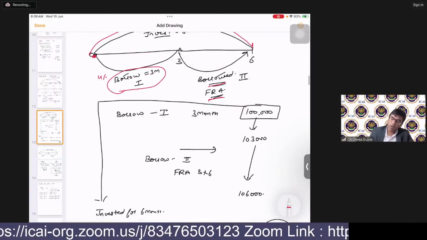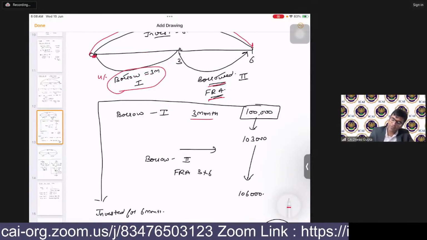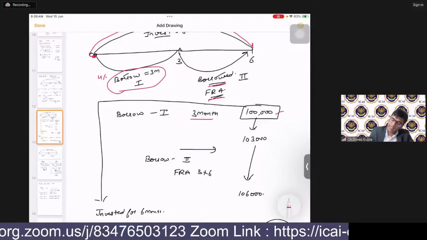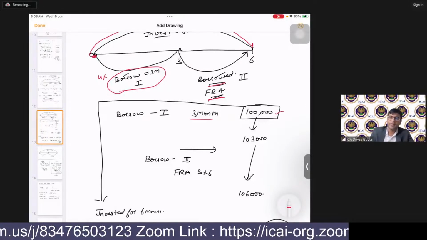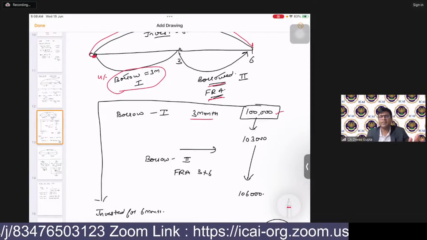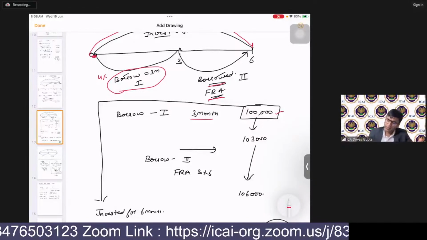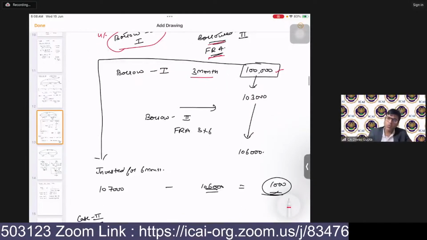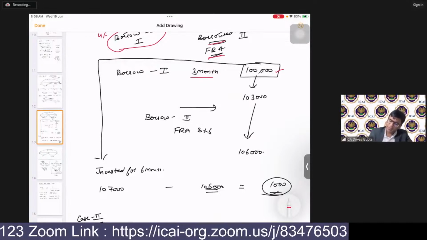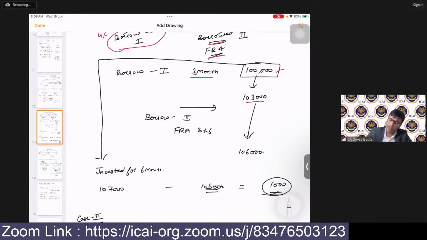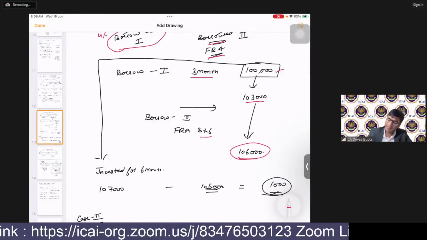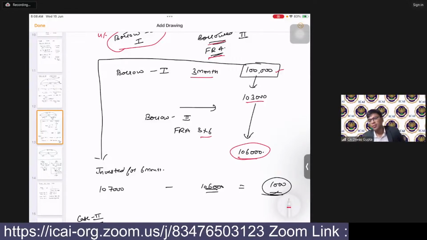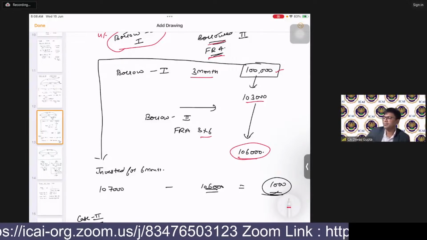So see, students, borrow 1 for 3 months, 1 lakh rupees, let's say becomes 1,03,000. I'm just taking an example here. Borrow 2, you will use that proceeds to repay the 1,03,000. And ultimately, after 6 months, the final amount that has to be paid is 1,06,000.